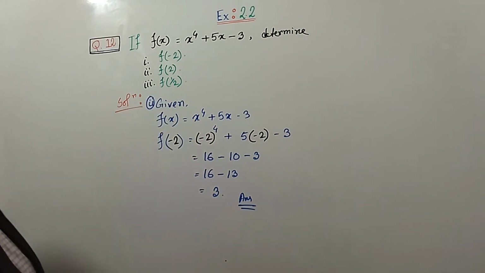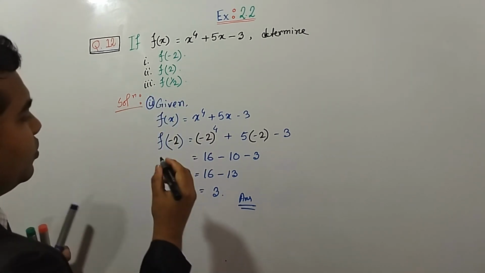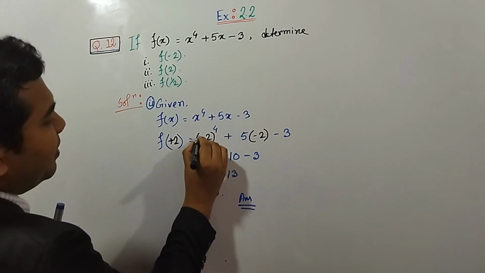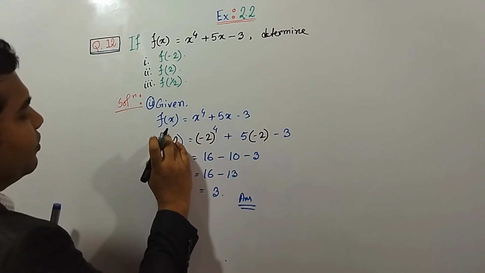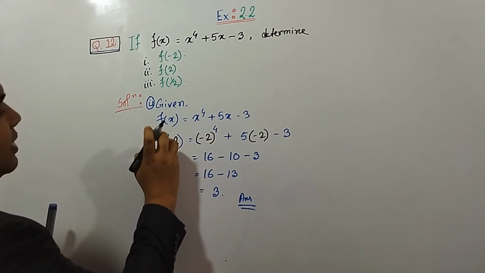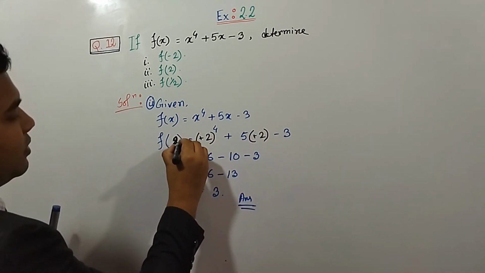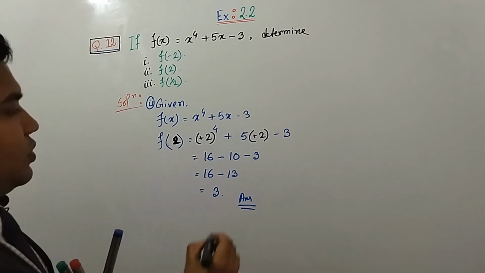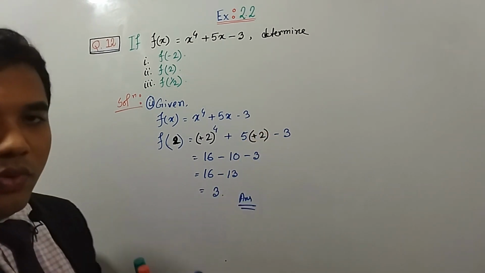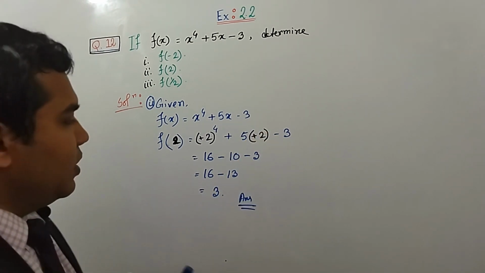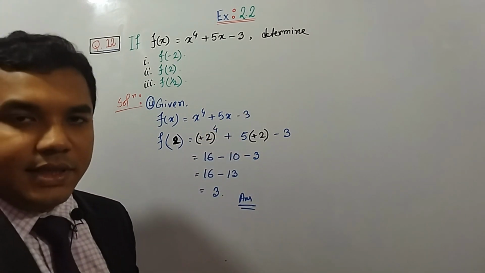What will be for question number 2? In the case of question number 2, we are just giving plus 2. No need to write any sign in here. Okay, plus 2 actually. So what will be the calculation at that time? 2 to the power 4 is obviously 16.